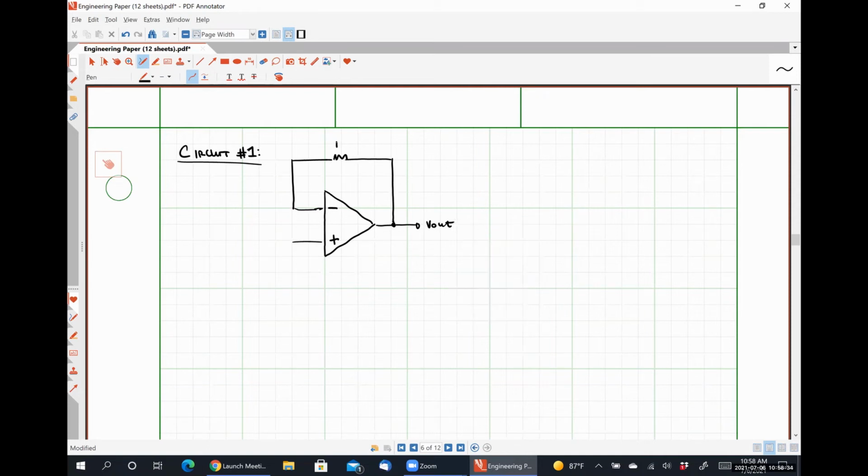I'm going to call this resistor here R2. We're going to solve this guy generically. Let's call this guy right here R1.